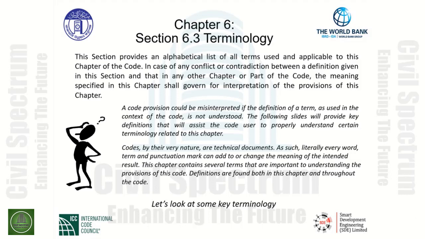As such, literally every word, term, and punctuation mark can add to or change the meaning of the intended result. This chapter contains several terms that are important to understand the provisions of this code. Definitions are found both in this chapter and throughout the code. So let's look at some key terminology.